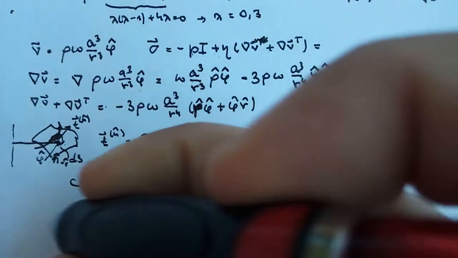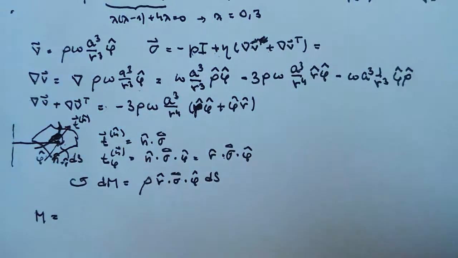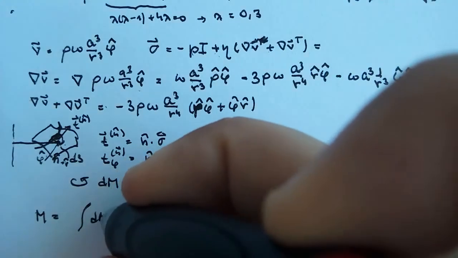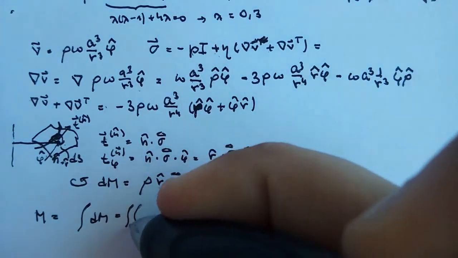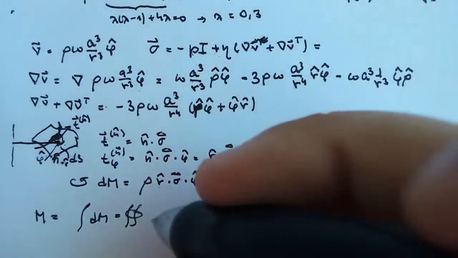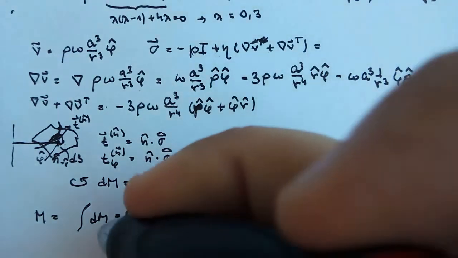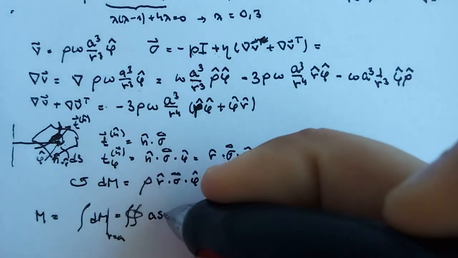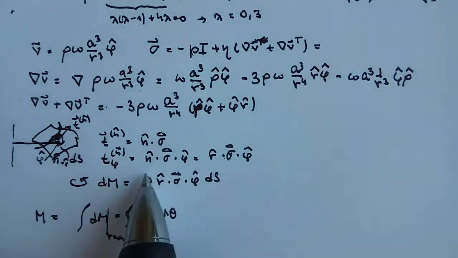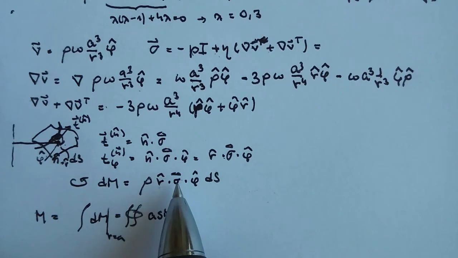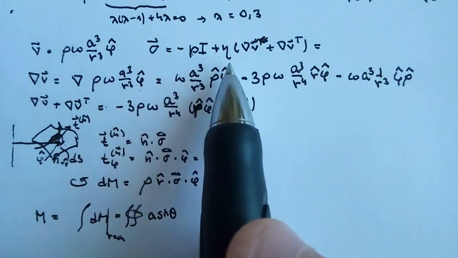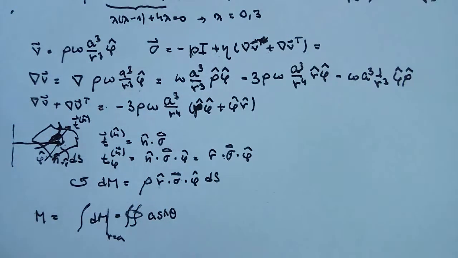So we have to now integrate it. The actual moment is going to be the integral of all moments. So it's the surface integral of rho at r equal to a, so it's a times sine of theta, and there is r dot stress tensor dot phi, which is equal to this times, from the constitutive relation, the dynamic viscosity.